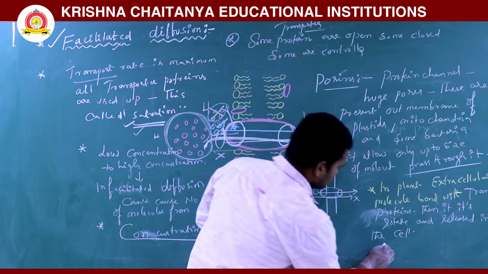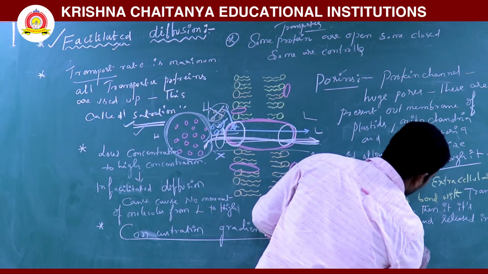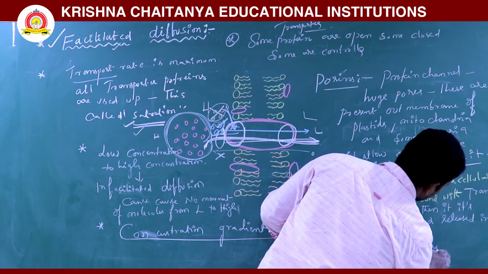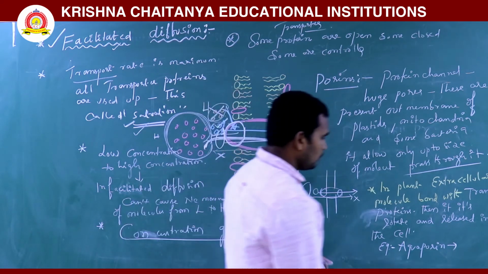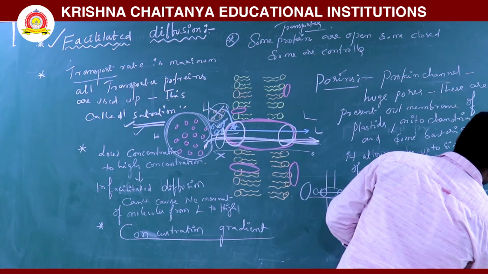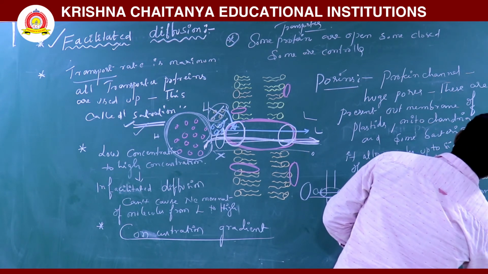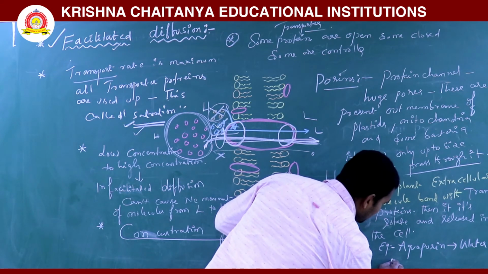Example is aquaporins. There are 8 different types of aquaporins, which are nothing but water channels. How many water channels are there?